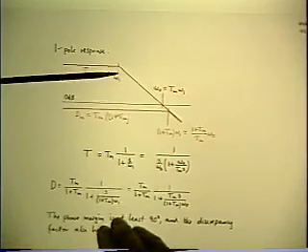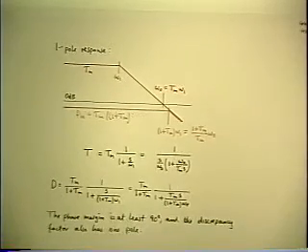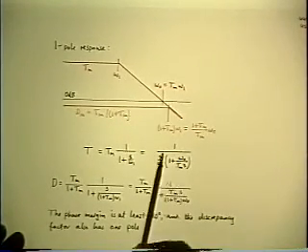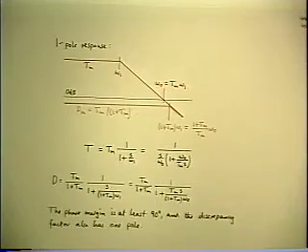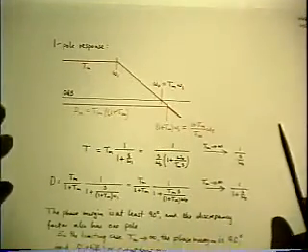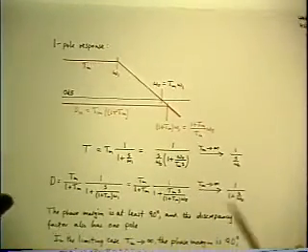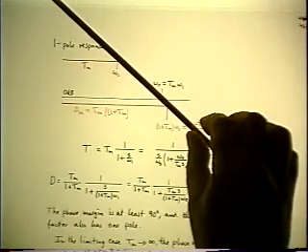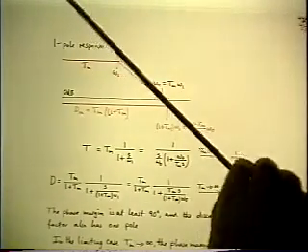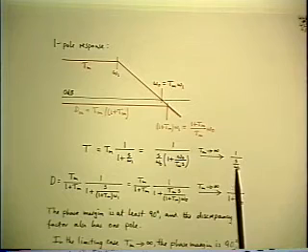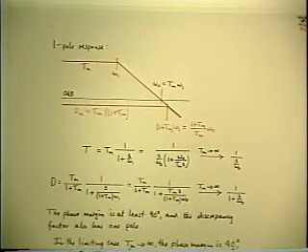Then push Tm off to infinity, which gets rid of this term, and you're left with just 1 over s over omega 0, which is this single slope with unity magnitude at the frequency omega 0, which we've already done several times as well.